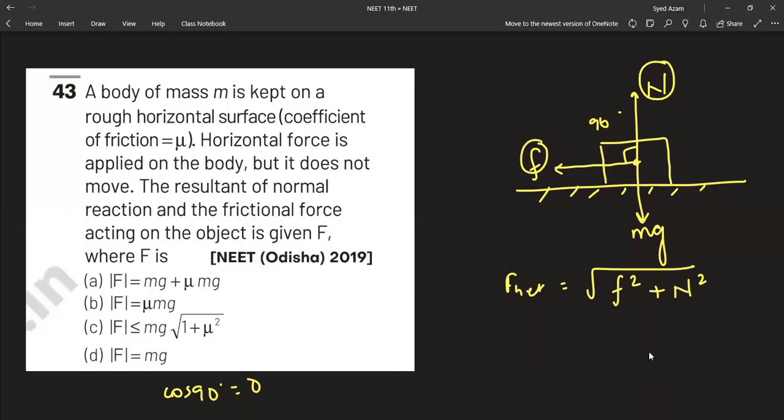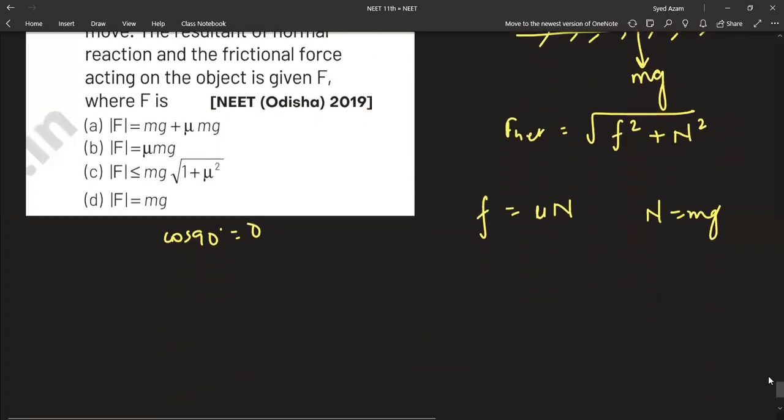This is it. Now what will friction be written as? Mu N, right? And N is equal to mg. See, frictional force is mu N and N is equal to mg. So what we can write here is F will be under root of mu N whole square plus N whole square.